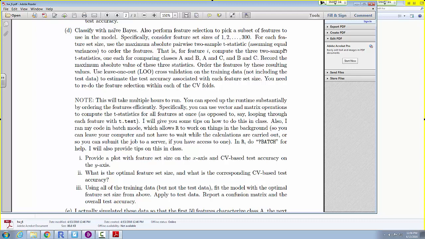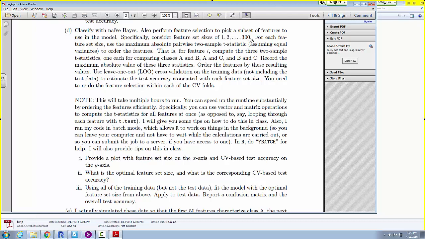What size of that subset do I want to target? Is the sufficient number 100 SNPs or 300 or what? What I want you to do in this problem is consider a variety of feature set sizes, and for each of them, the optimal feature set.